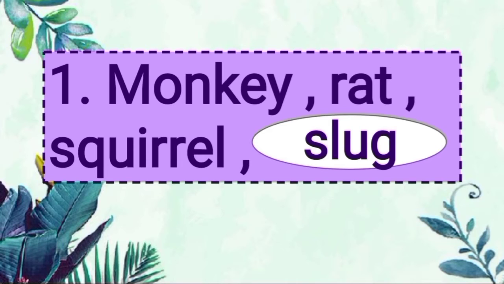But monkey, rat, and squirrel are examples of animals with a backbone, which means vertebrate animals. So the fourth word, slug, is different from the first three words. So we have to circle the fourth word, slug.